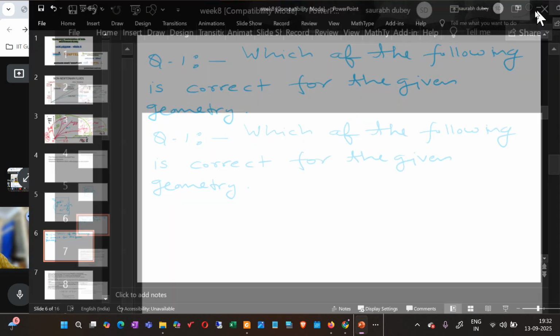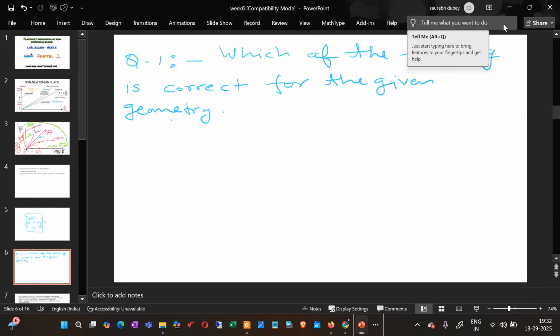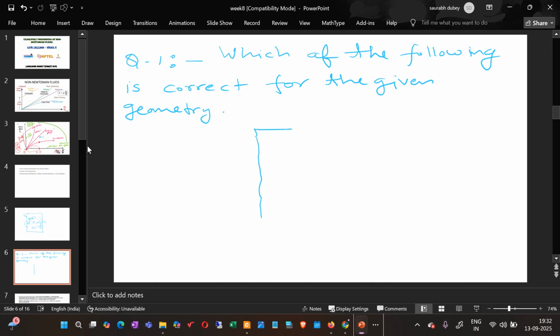So what I am saying is, which of the following is correct for the given geometry, and the geometry is this one, the same geometry that we were talking about.